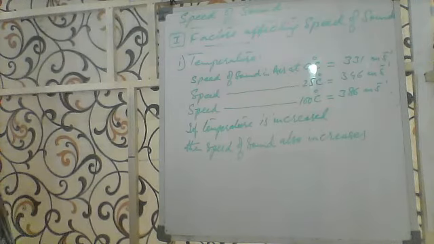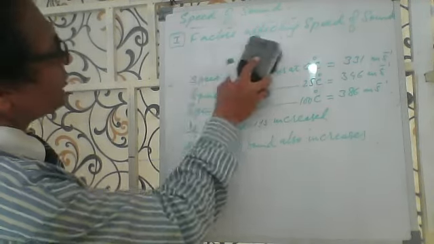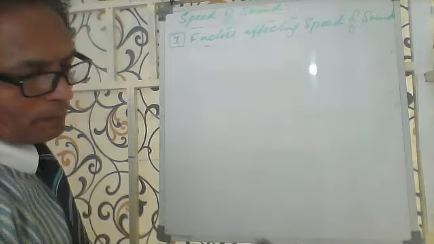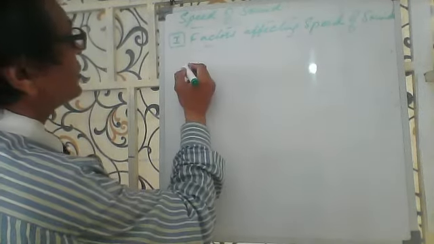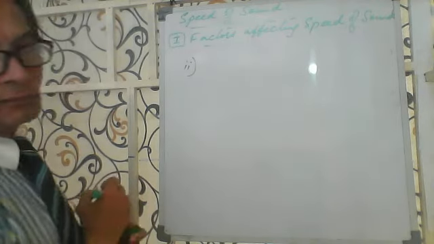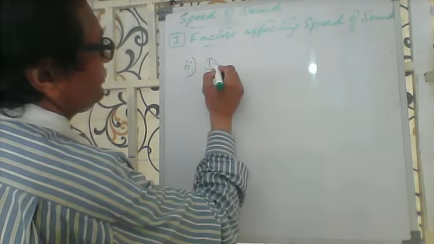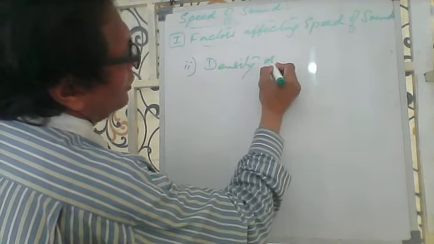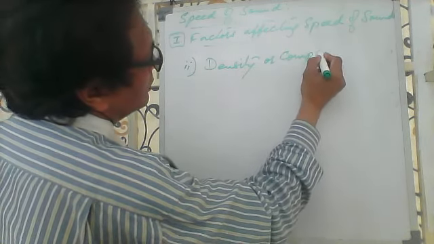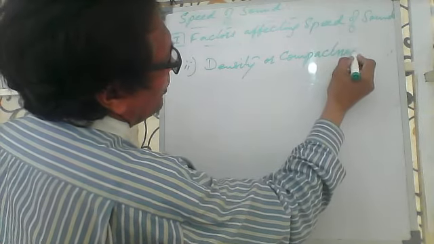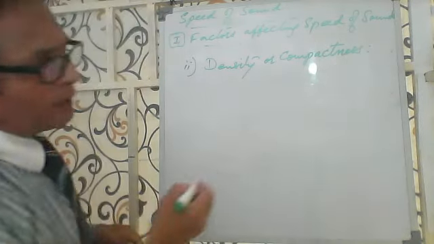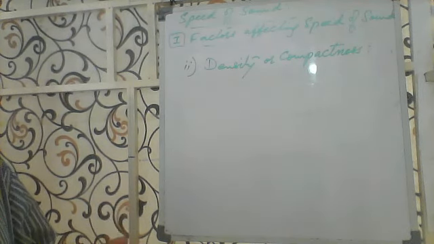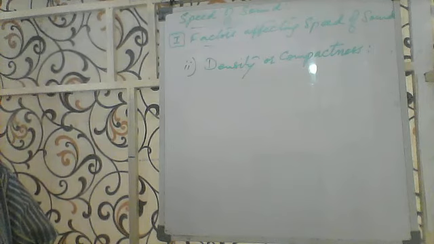Now the second factor we are going to discuss is density or compactness. So second thing we will discuss is density or compactness of particles in gases or liquids or in solids.